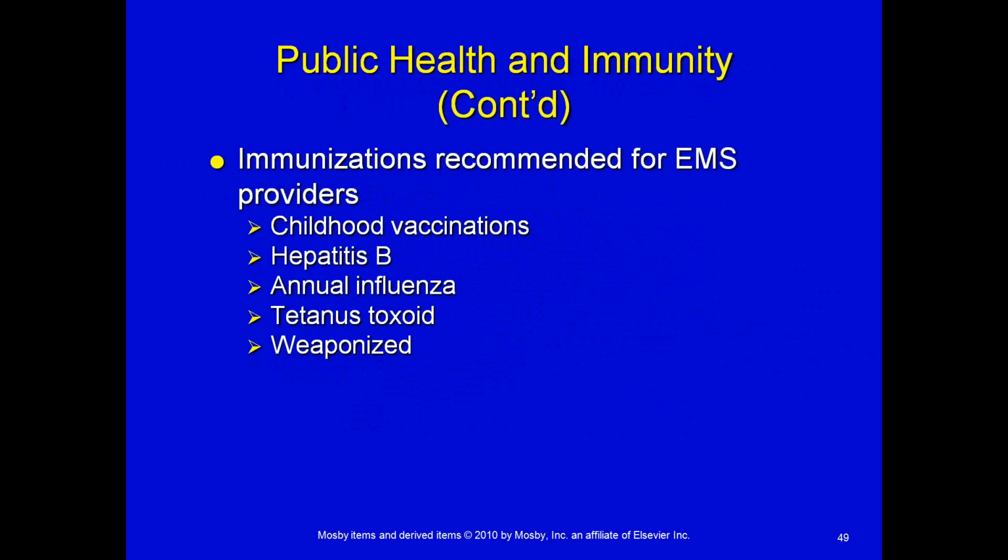Now, when we talk about the flu shot, we're not talking about the GI flu with the vomiting and diarrhea. When we talk about influenza, we're talking about the influenza that gets into your lungs and causes pneumonia. A little over 1,000 people die every year in Iowa from influenza A or B, pneumonia acquired from those influenzas. And so getting the flu shot is so vitally important to prevent that from occurring.